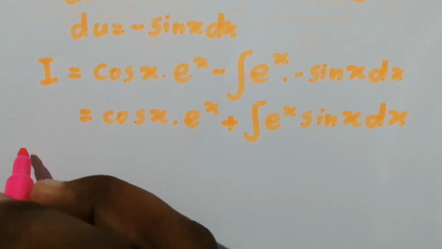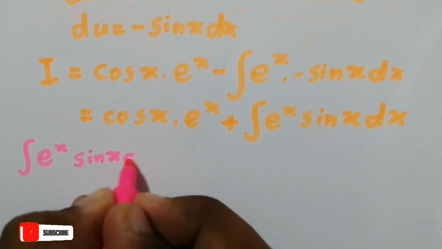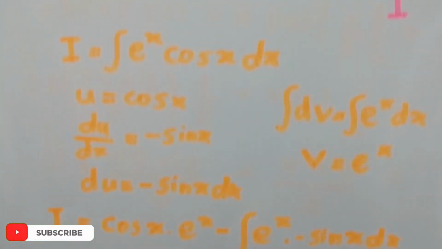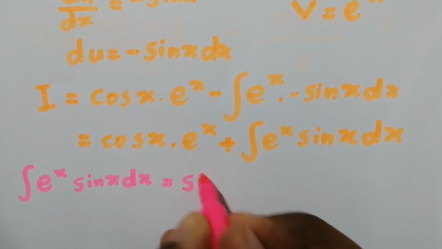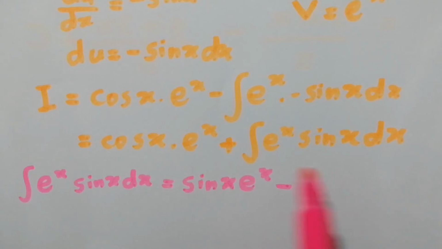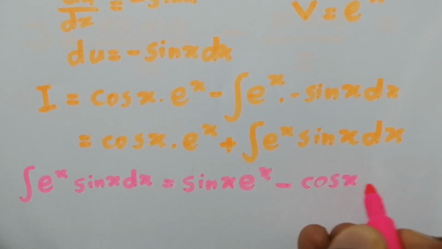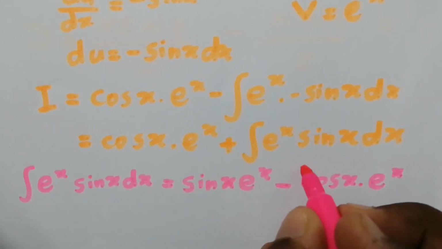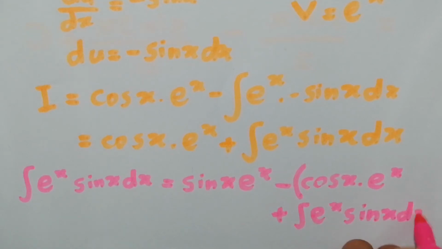Then say the question is integral e^x sin x dx, equal to, we have already found that it's equal to sin x e^x minus I. Then sin x e^x minus the I, we have found the integral of I as cos x e^x, writing inside bracket, plus integral e^x sin x dx.